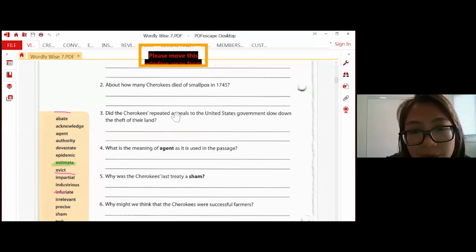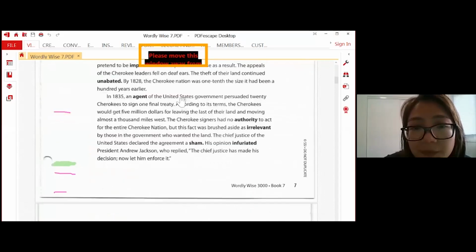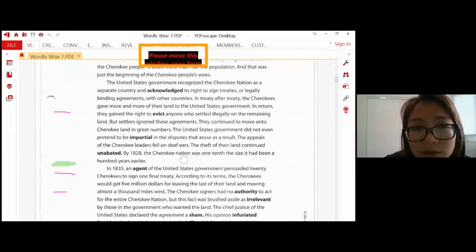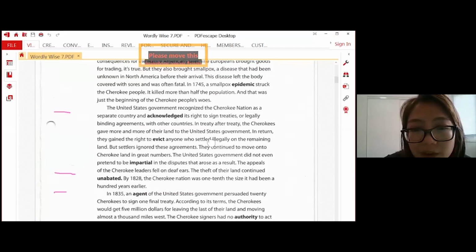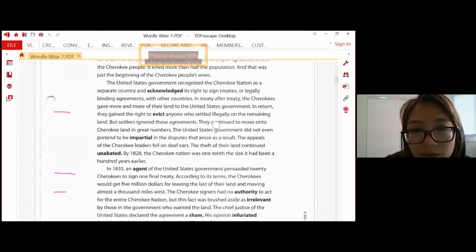Did the Cherokees' repeated appeal to the United States government slow down the theft of their land? Repeated appeal. Anybody answering?